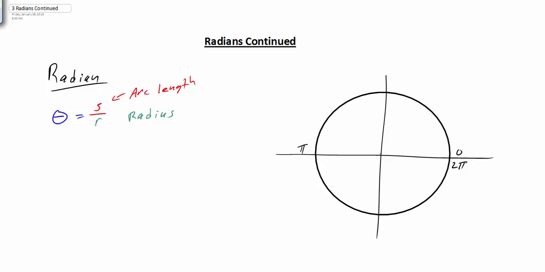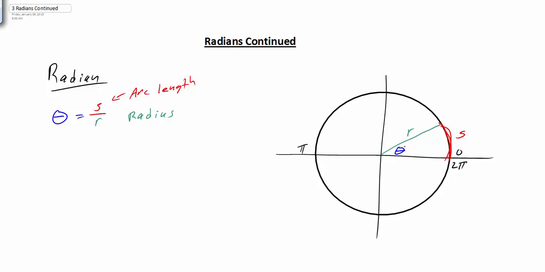So if we look over here to find the angle theta in terms of radians, R is the radius. If we go out here, the radius R is for the circle. Then the arc length is the part over here that goes all the way out. I'm really not sure why we use the letter S, but that's what they use. So S is representing this arc length, and of course our angle is theta.